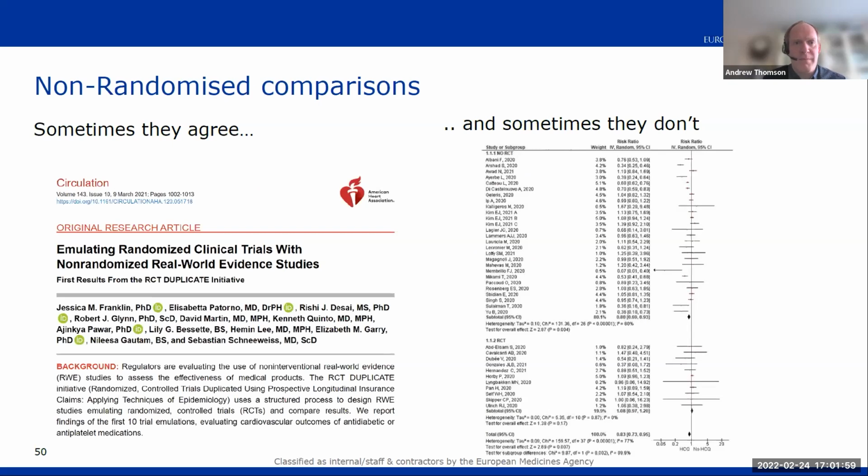And again, with non-randomized comparisons, sometimes they agree, and there's great work that's been done by people out there saying, these are the situations that we could look into in particular therapeutic areas when non-randomized data can be compared to randomized data using different data sources and seeing in what situations they agree. And sometimes they just don't agree.